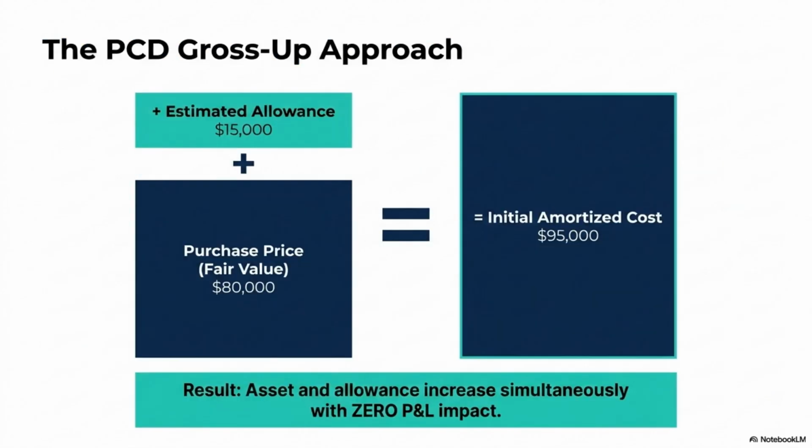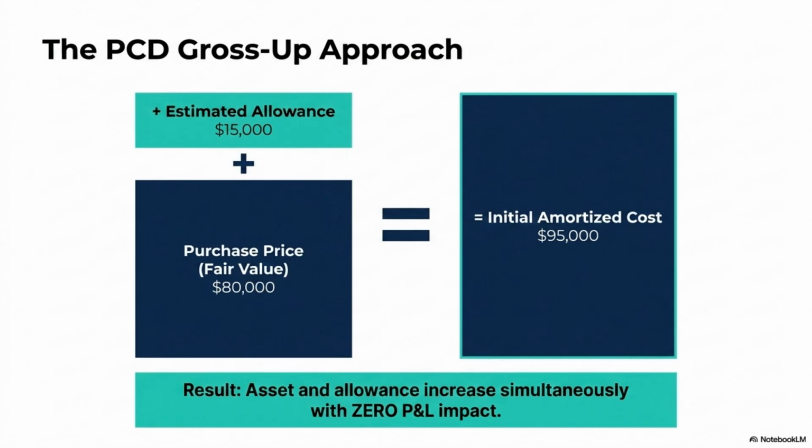Instead, a different approach is used at acquisition. PCD assets use what is called the gross-up approach. At acquisition, you start with the purchase price, which represents fair value, and you add the estimated allowance for credit losses as of that date. In this example, the purchase price is $80,000, and the estimated credit loss allowance is $15,000, producing an initial amortized cost basis of $95,000.